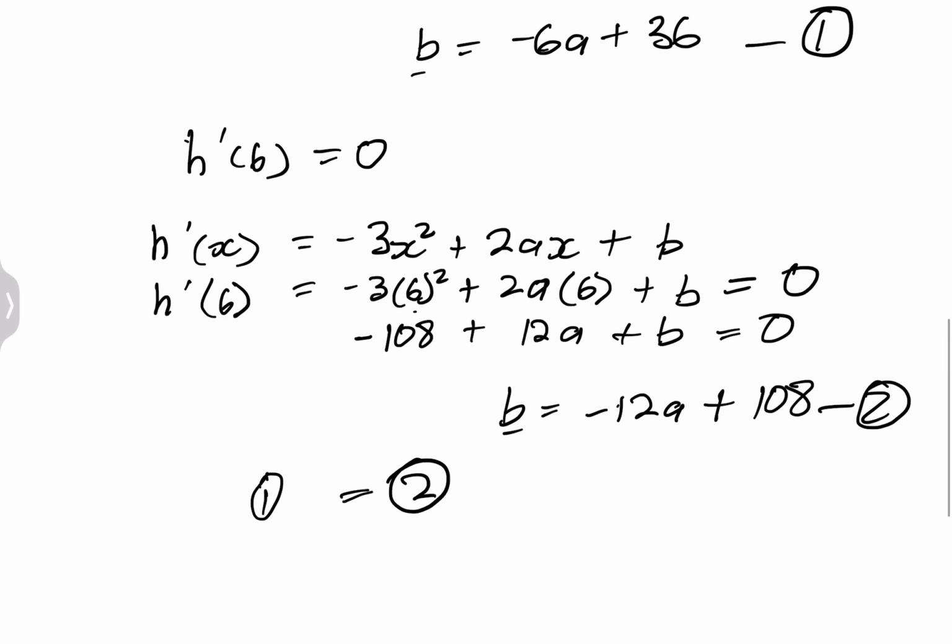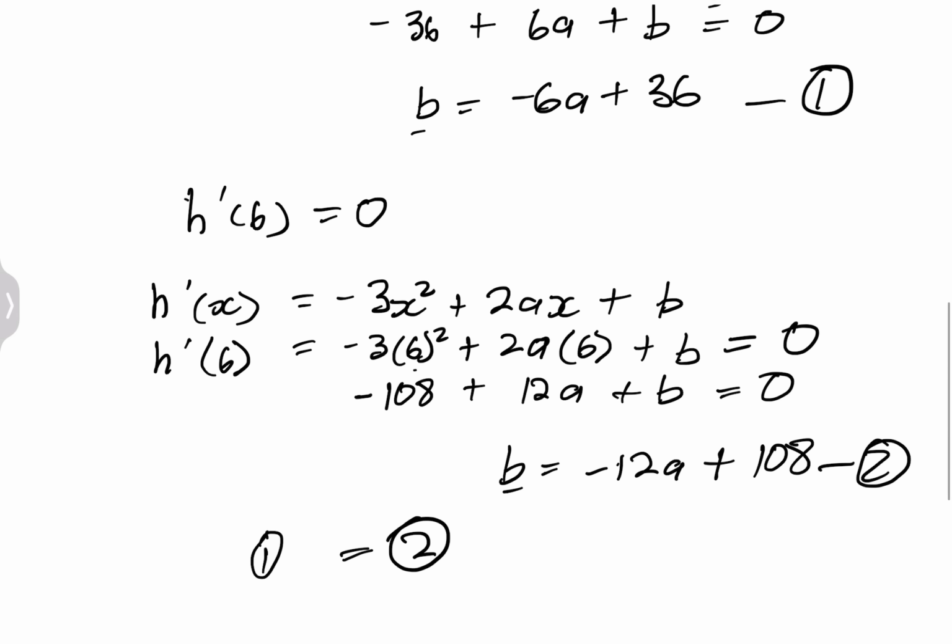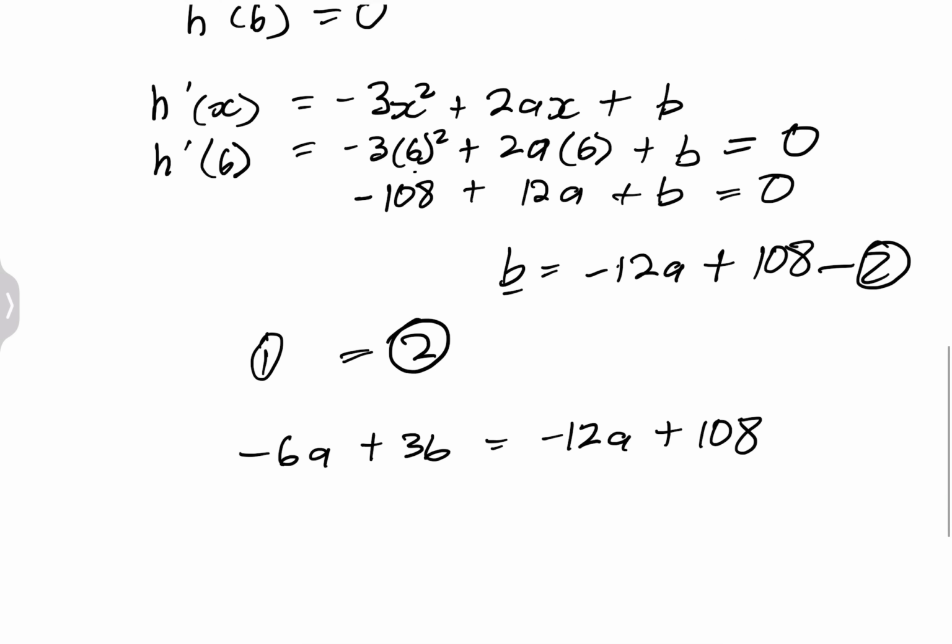I'm going to take the right-hand side of each equation and equate them to each other because they represent the same thing. So that's minus 6a plus 36 is equal to negative 12a plus 108.